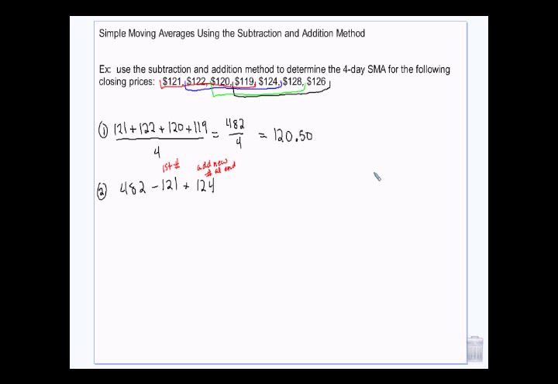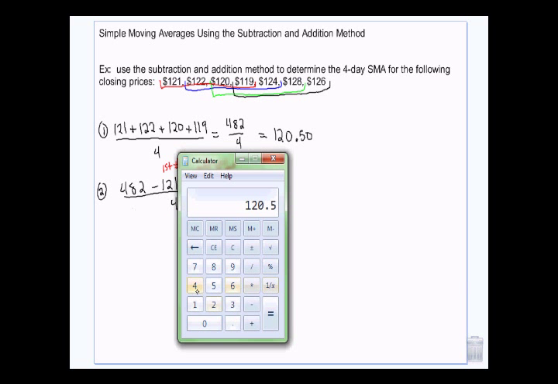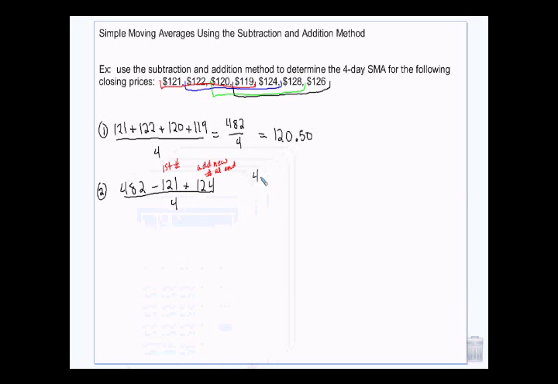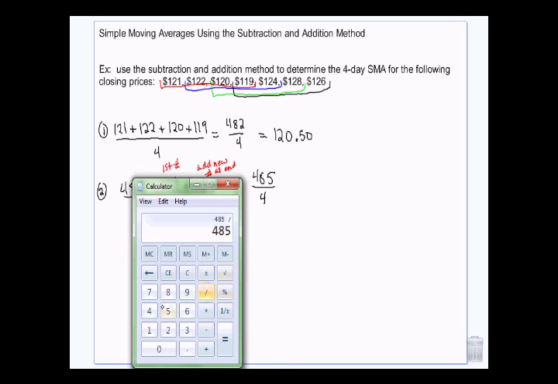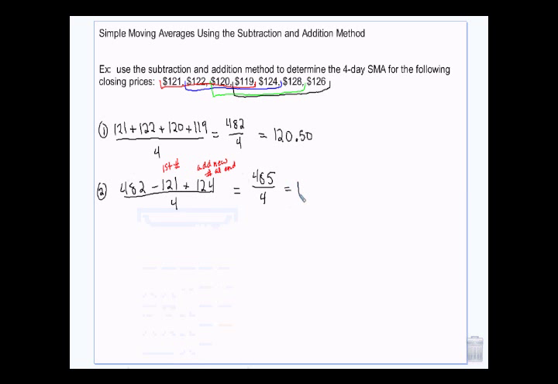Does that make sense? And then I'll divide it by 4. So 482 minus 121 plus 124 is 485. Divide that by 4, and I get 121.25. And then I take the 485 that I just found, and I subtract the next number in the list, 122.